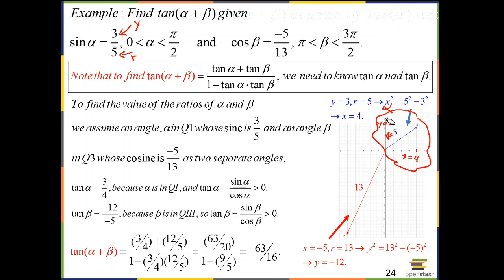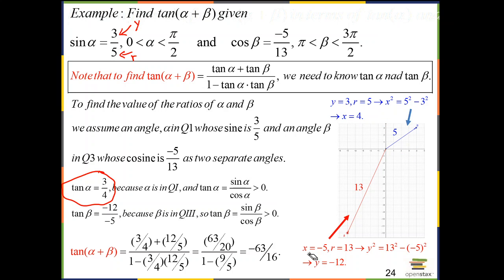Well, tangent is what? Tangent is y over x. So tangent of alpha is 3 over 4, right? 3 over 4, y over x. So that's tangent alpha.